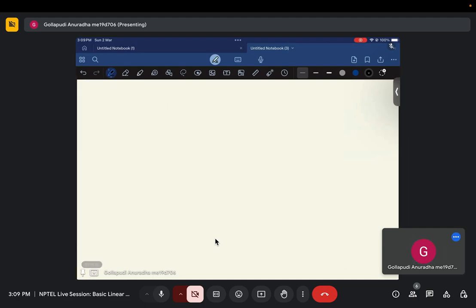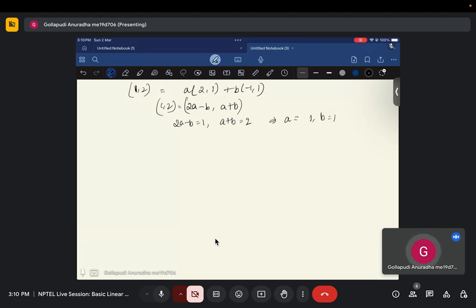Similarly for the other point, we again express it as a linear combination, which will give us 2a minus b, a plus b, so (1, 2). So 2a minus b should be equal to 1 and a plus b should be equal to 2, which means that a is equal to 1 and b is equal to 1. So (1, 1) is our second column.